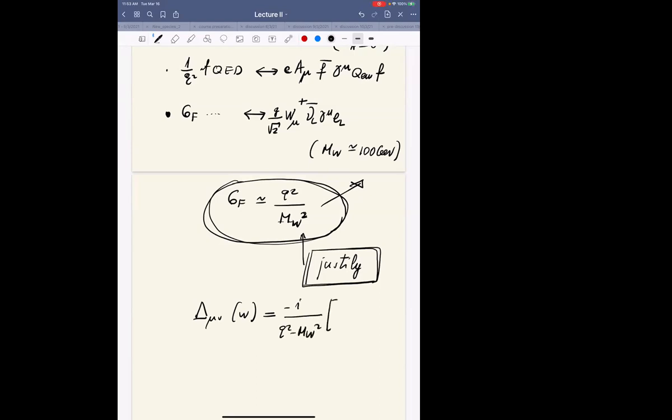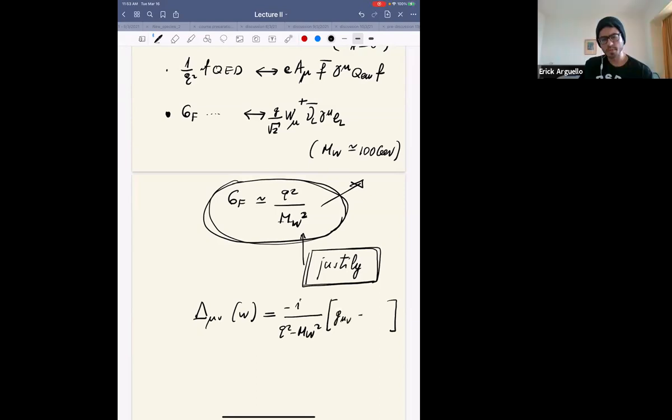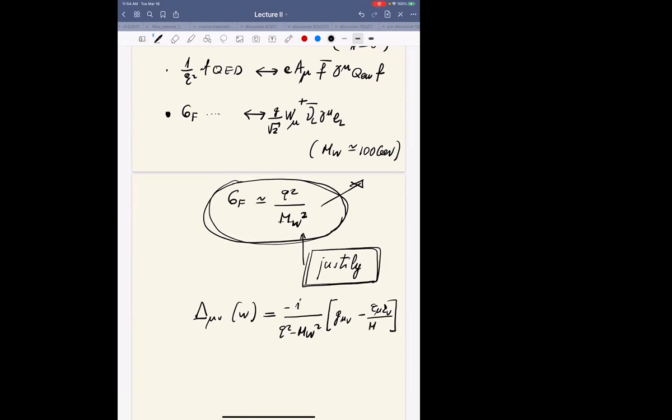Then there is a tensorial form. Did you derive that or write it? Is it g mu nu minus p mu p nu over p squared over m squared? No, m squared.